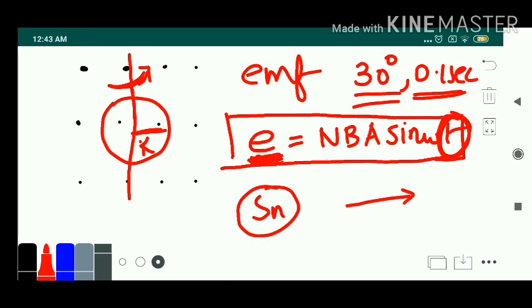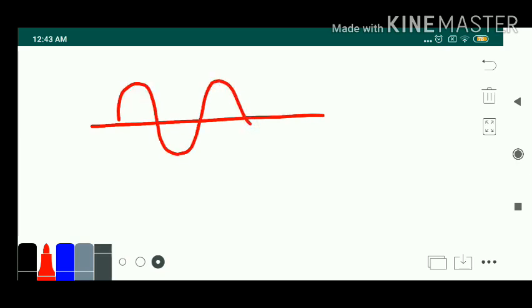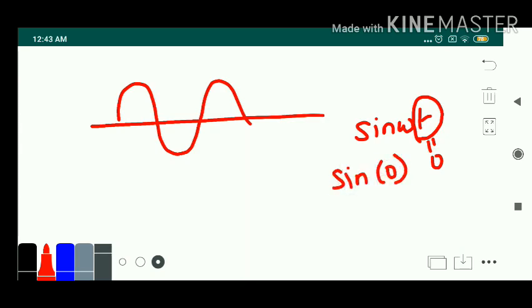I hope you understood. I will explain it again. Say we draw a sine wave like this. Initially there was sin ωt. At t equal to 0, it becomes sin 0, so the wave starts from here.